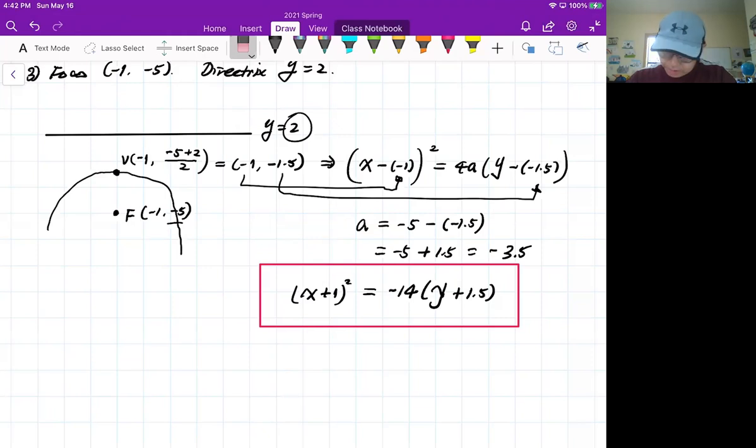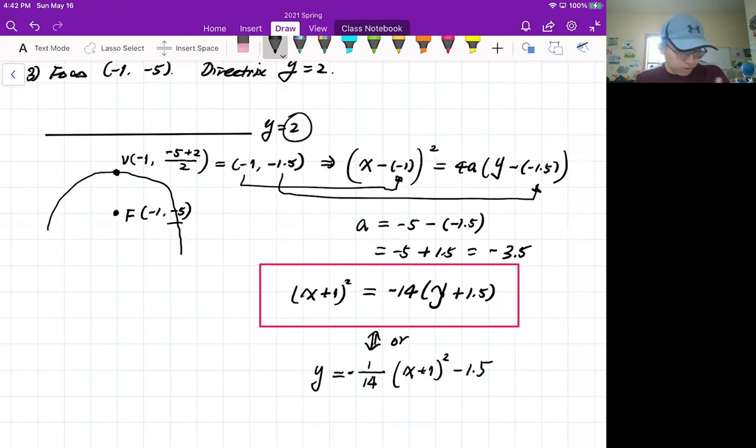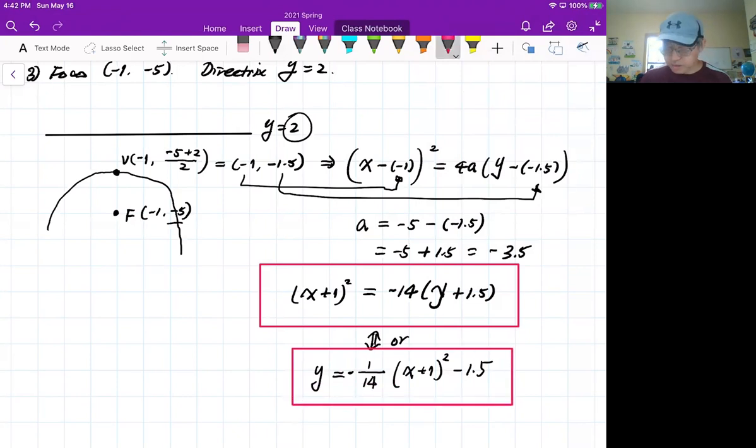So equivalently, you can write y equals the 1 over -14, so it's -1 over 14 times (x plus 1) squared, and then minus 1.5. That's also fine. It's up to you. So this is also a good answer. Either way, some people prefer one way, some people prefer the other way. All right, everyone's good?